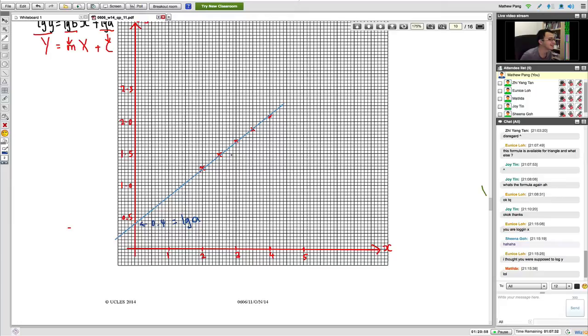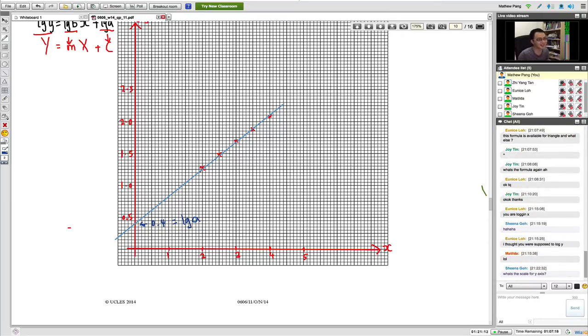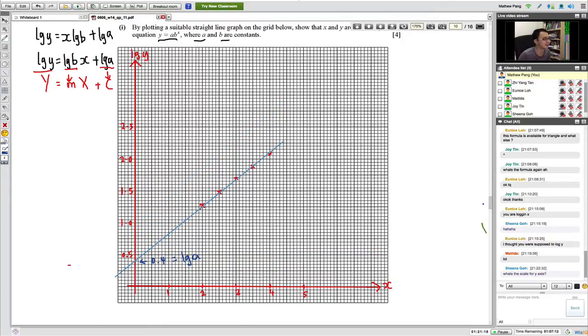Did I miss any point? This one is just drawn using the software. If you use your pencil to draw, I think you will get a more accurate answer. But it's fine because in the exam you couldn't see the answer. So you just write down the answer you have.